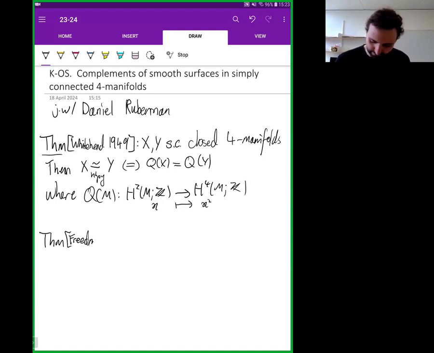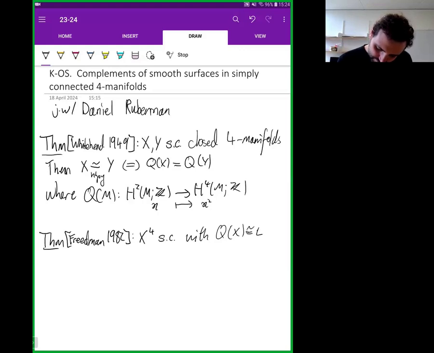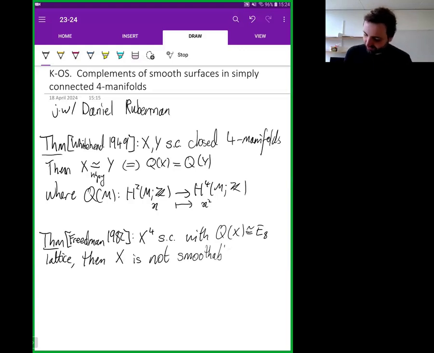But a result I quite like is Freedman's work in 1982, where he showed that if you have a simply connected four manifold with this form being equal to the E8 lattice, then actually this thing isn't smoothable. Which is really strange. Yeah, so that's cool.